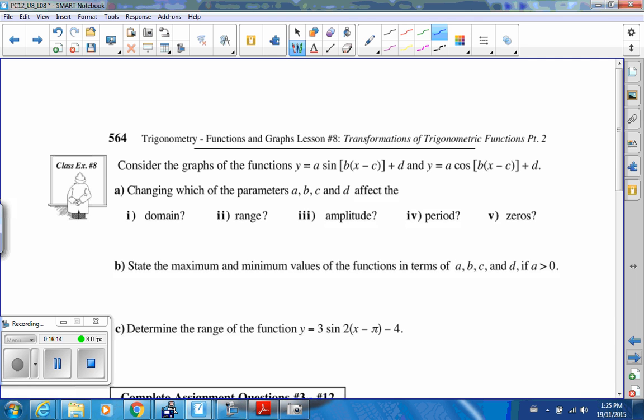So considering these, which things affect domain and range? The only thing that affects the domain is, well, nothing, because the domain for all of those graphs is x is known with the reals. The range here is my a and my d. In fact, you could write the range as d minus a is y and d plus a.